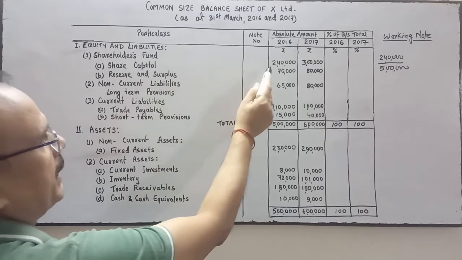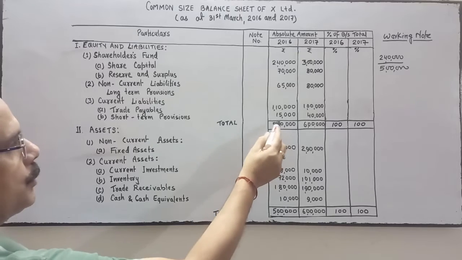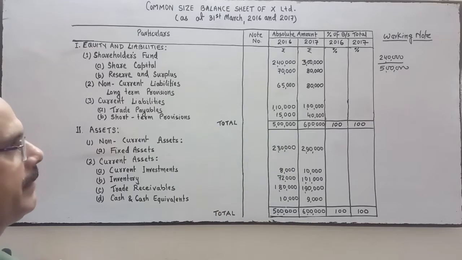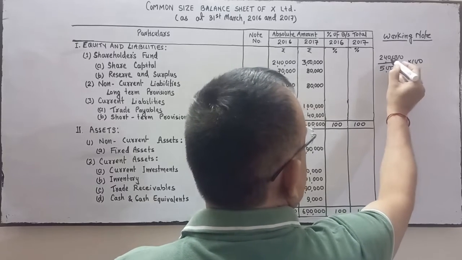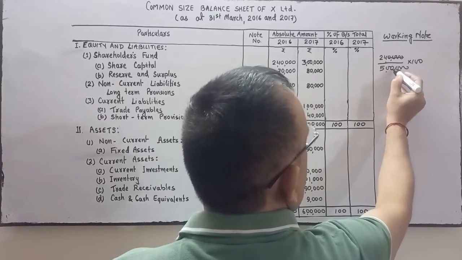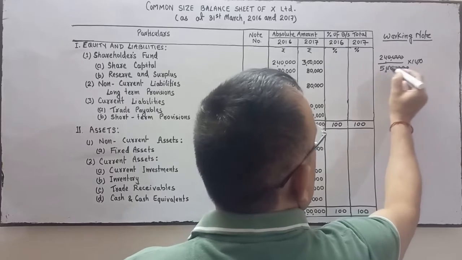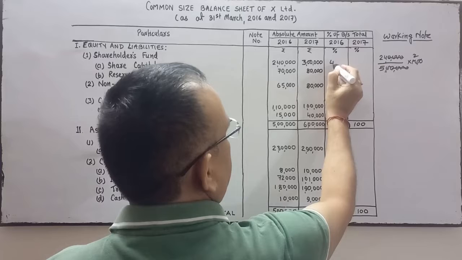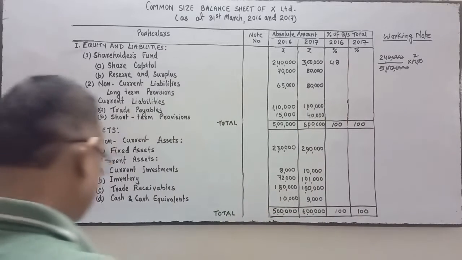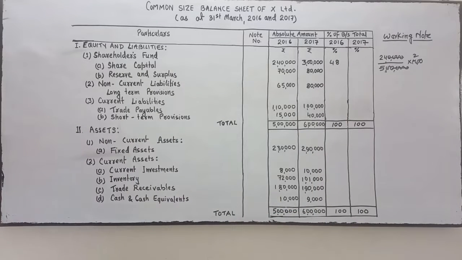Share capital is 2,40,000 upon total equity and liability of 5 lakhs. So we will calculate the percentage of this. It is 48%.